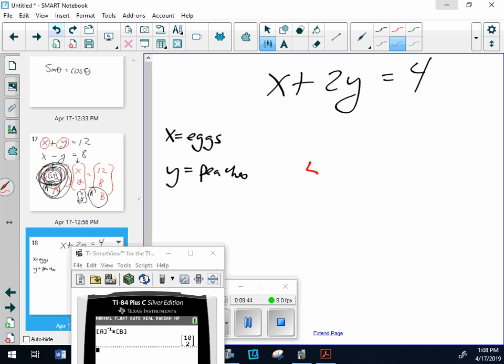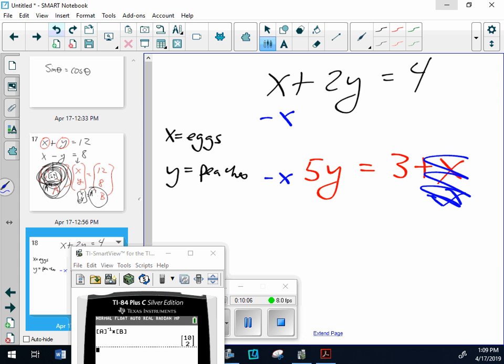Okay. 5y equals what? 3 plus x. There we go. And I on purpose did not make it all line up nice, because we won't on the test either. Okay, so now I got to rearrange that. And so, I need to get this x to the other side. And do you get that means negative x plus 5y would equal 3.